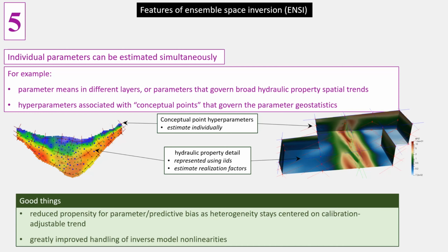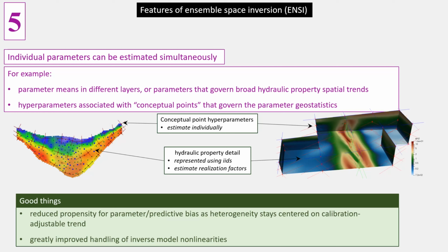So the good things about being able to estimate parameters at the same time as we estimate realisations, particularly if these are mean parameters or trend parameters, so that the realisations can pertain to perturbations about those trends.